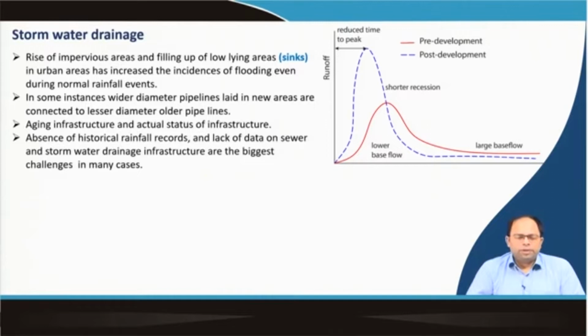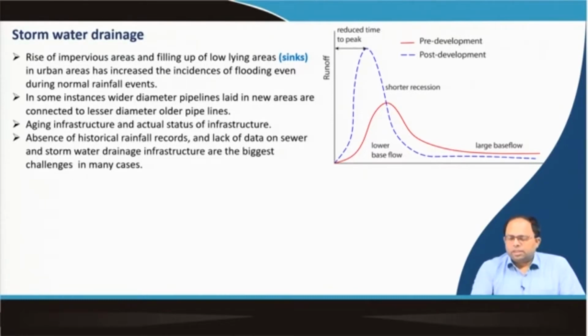And that is resulting in an increase in the incidence of flooding even during normal rainfall events. That means with a very small amount of rainfall we are seeing that water in certain areas is getting inundated or there is some amount of flooding.